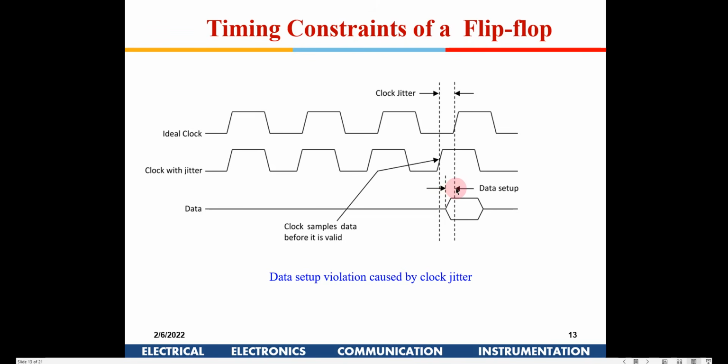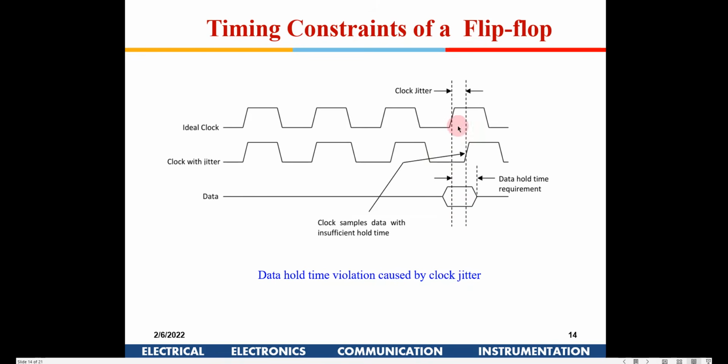Now, because of clock skew, this clock is arriving slightly faster here, so there is a setup time violation, because the clock has arrived slightly earlier at this particular flip-flop. So there is a data setup violation because of the clock jitter in this example.